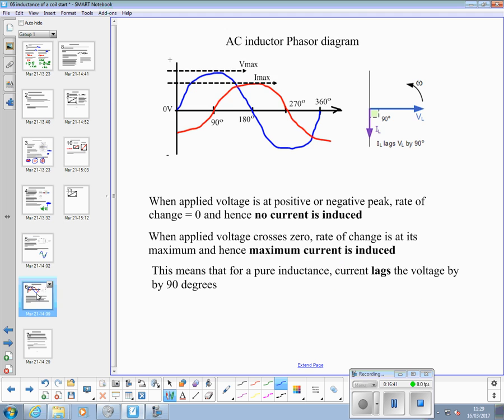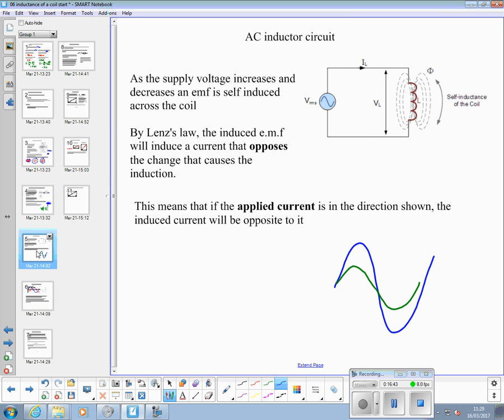Just going to look ahead here a minute. So what we get in this circuit is when we've got a current rising in that direction, we get an induced voltage across here. So if that's plus at this moment in time and that's minus, we get an induced voltage here that's trying to force current back in that direction.